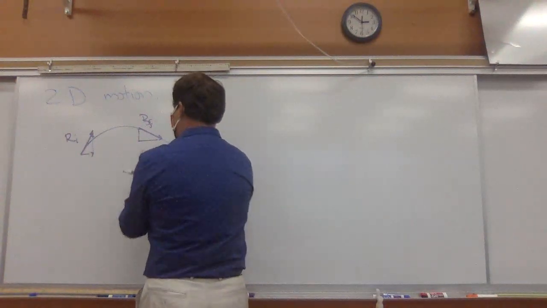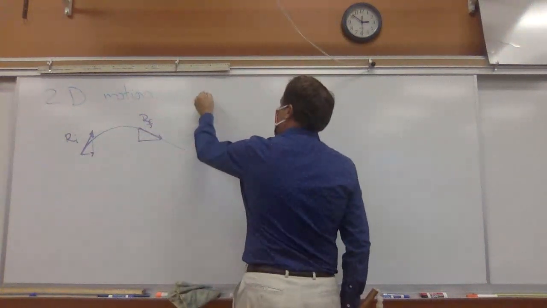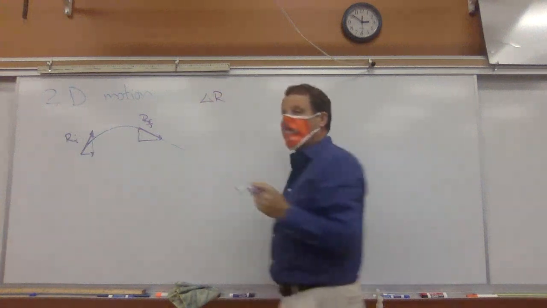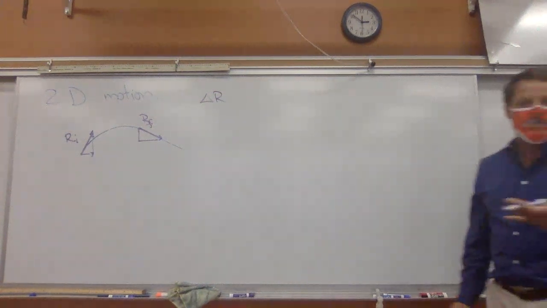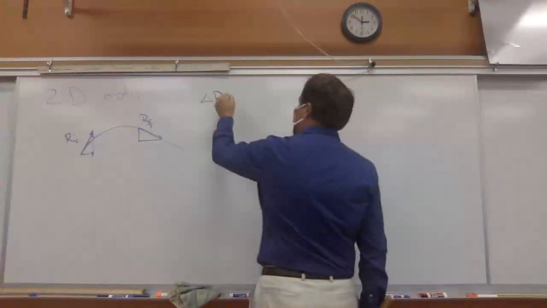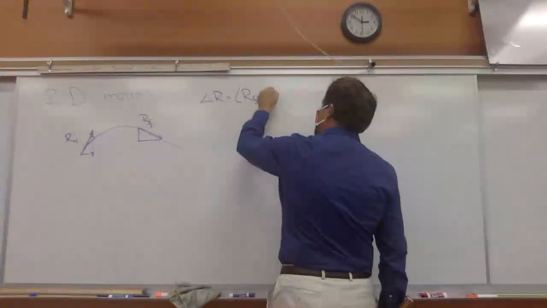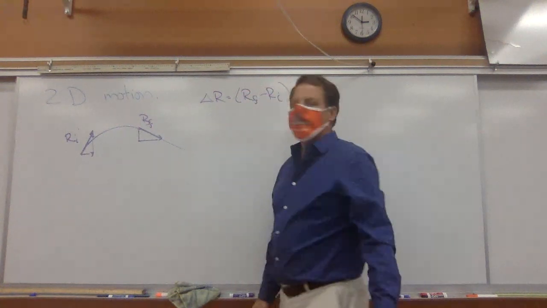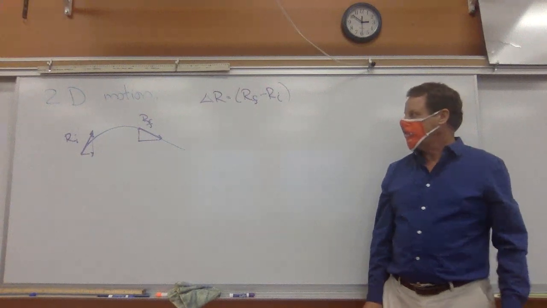And so if we want to know what our delta R is, how much did it change by? We know from before, we're going to say R final minus R initial, right? R final minus R initial.